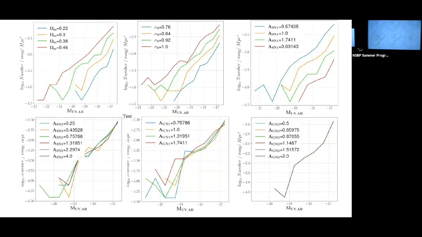We can see that as the omega matter and the sigma 8 increase, the luminosity function increases. But as the stellar feedback increases, the luminosity function decreases. That's because stellar feedback is basically matter being ejected from galaxies. So as the amount of matter in the galaxy decreases, luminosity is expected to decrease.